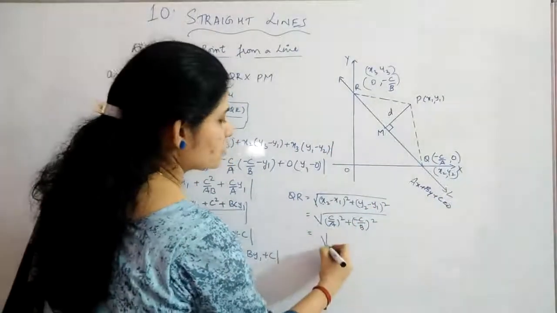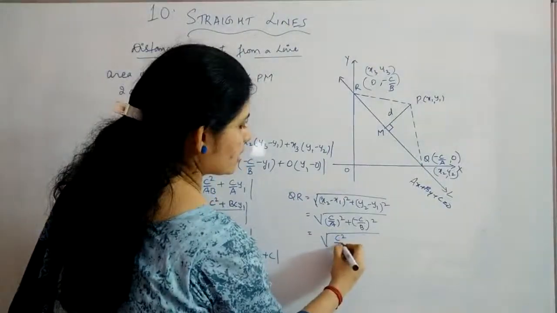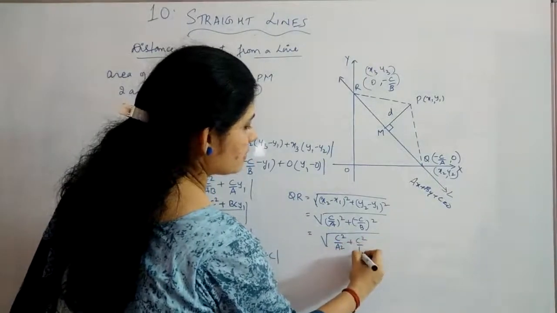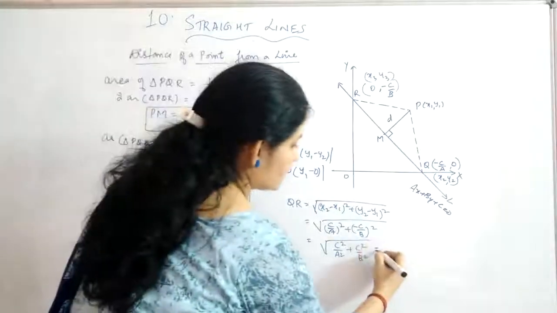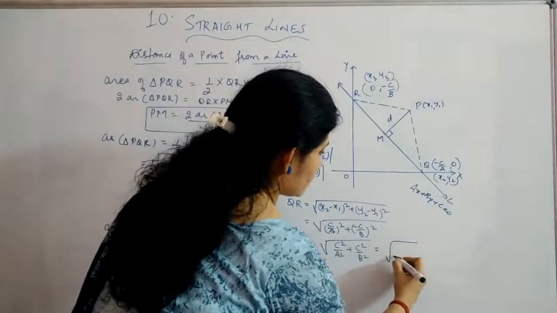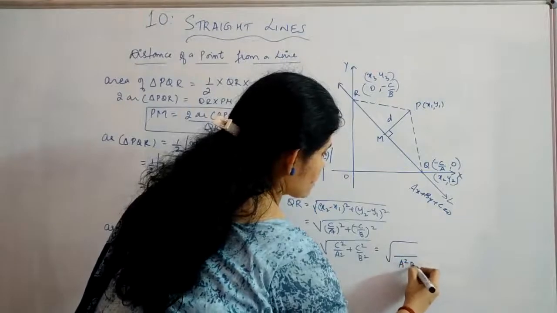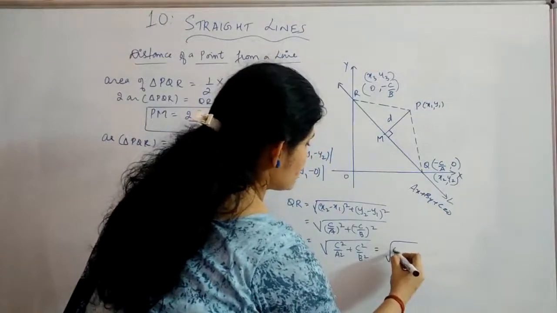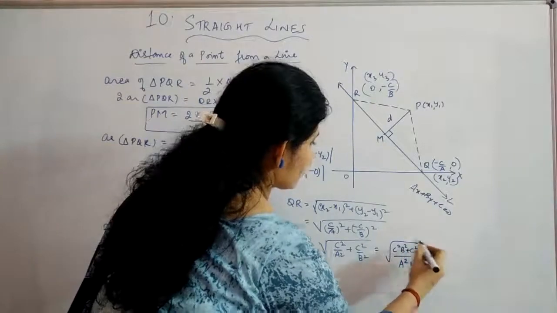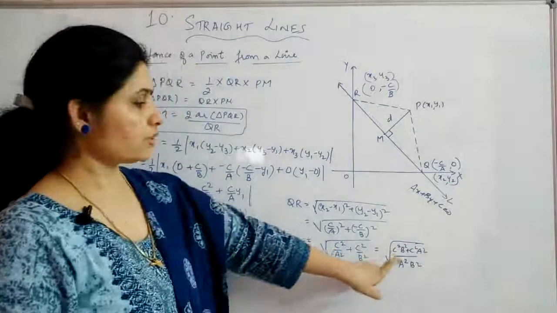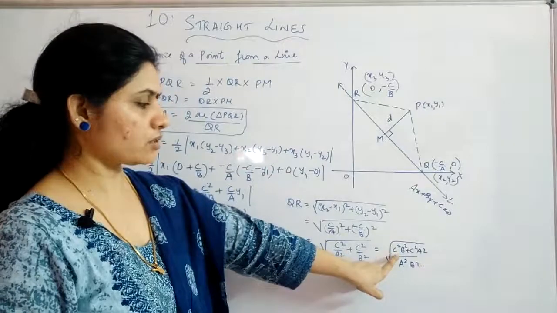This is equal to root of c square by a square plus c square by b square. So taking LCM, you will get root of, in the denominator you will get a square b square, and numerator will become c square b square plus c square a square. Okay, so here you can take out c square from the root.